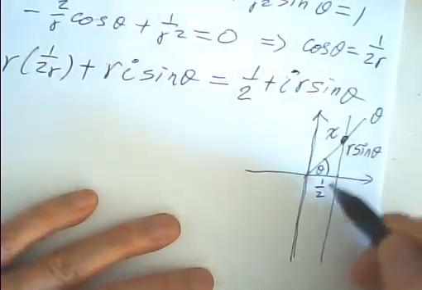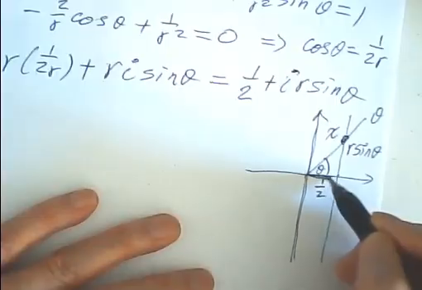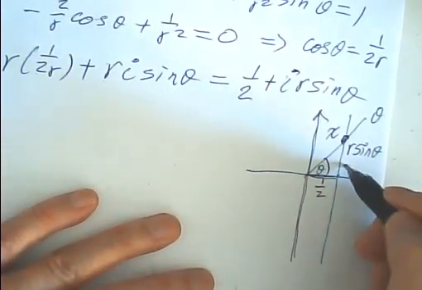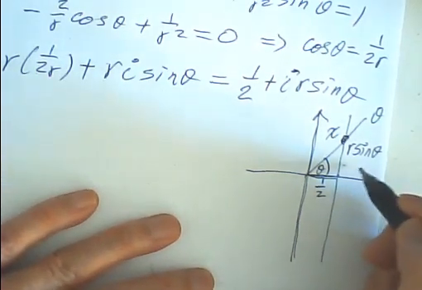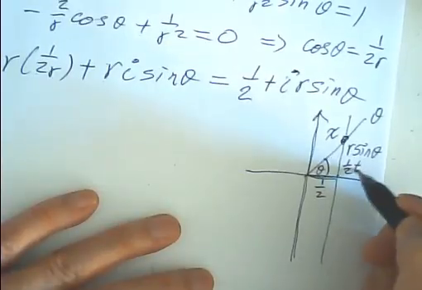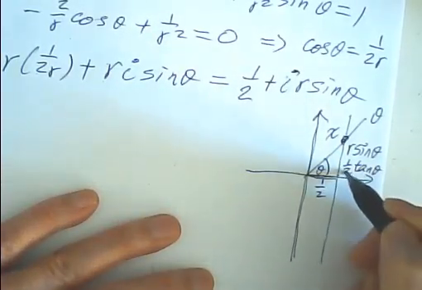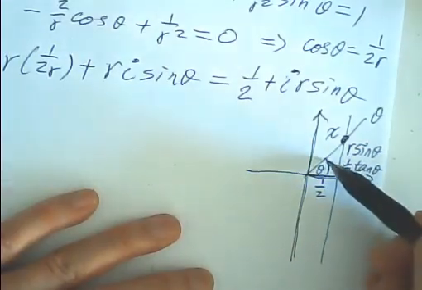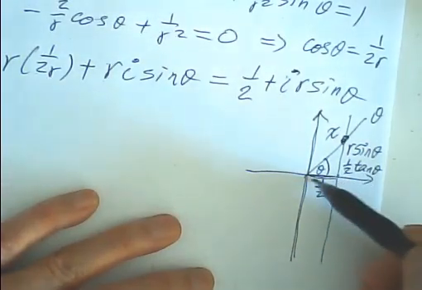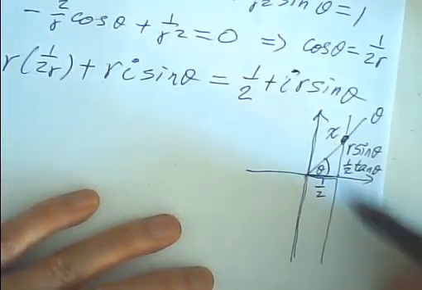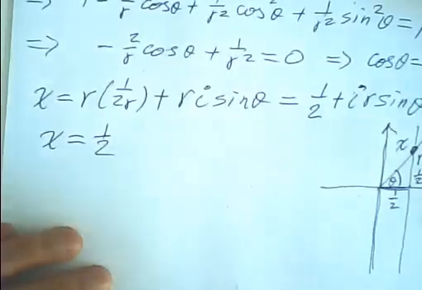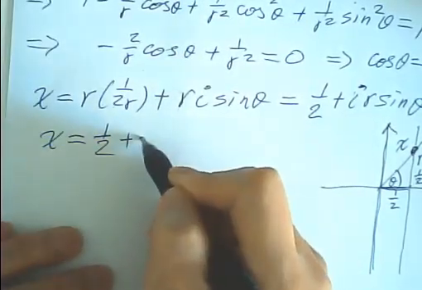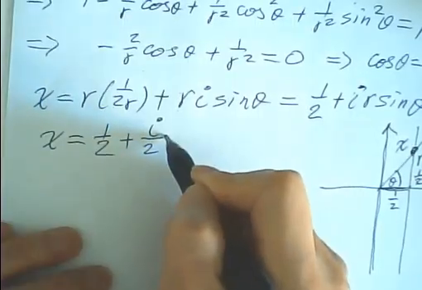But since this is constant, this could be written as a half tangent theta, right? This is a constant, half. This is theta. This is half tangent theta. Therefore, my x is equal to 1/2 plus 1/2 tangent theta.